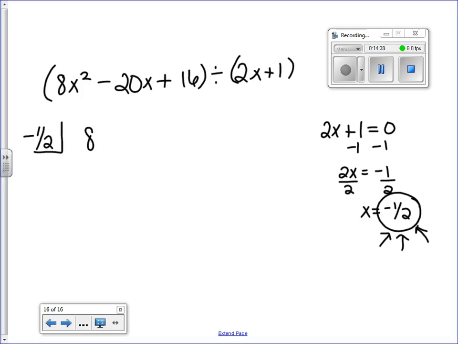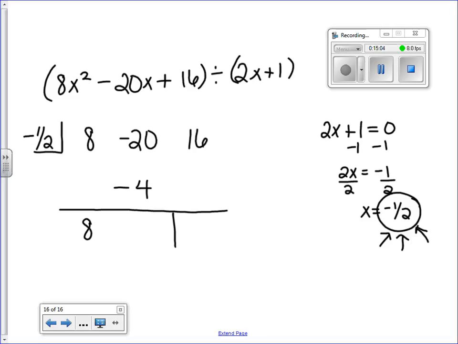This is still synthetic division. This is just in case your coefficient is not 1. Bring the 8 down. Negative 1/2 times 8 is going to be negative 4.